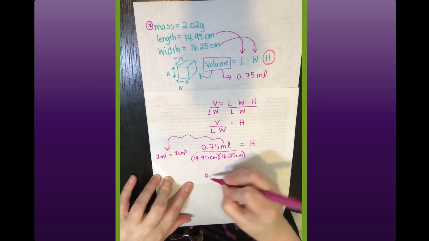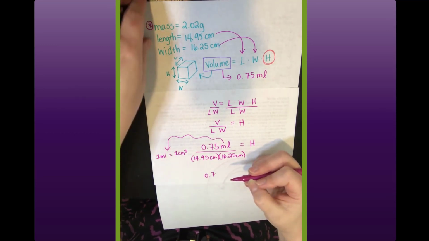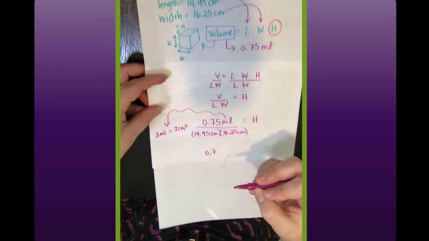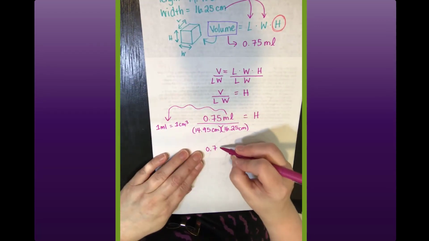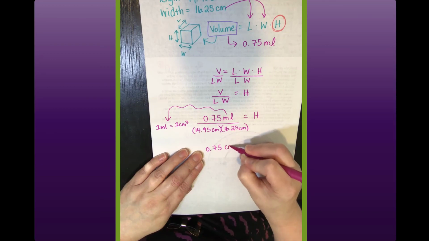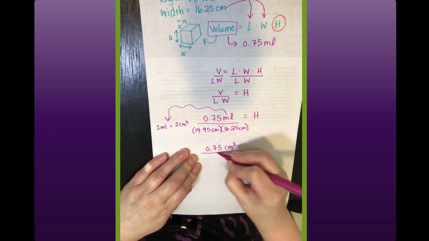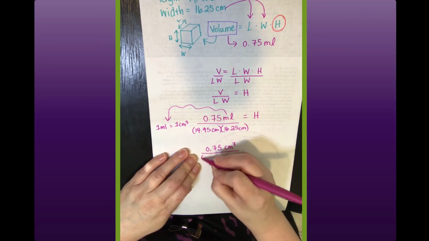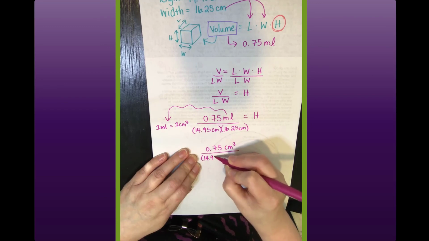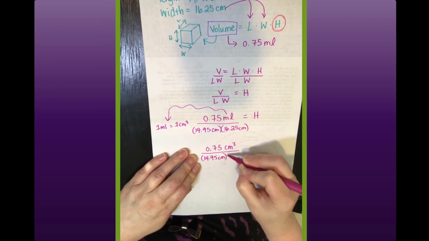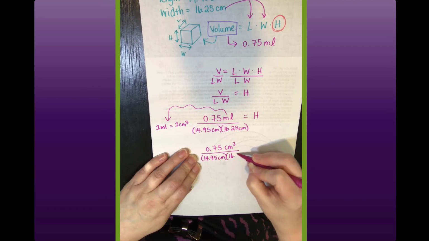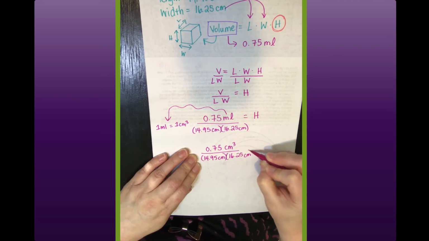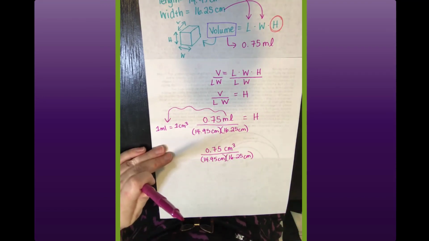So we can rewrite this as 0.75 centimeters cubed over 14.95 centimeters times 16.25 centimeters.